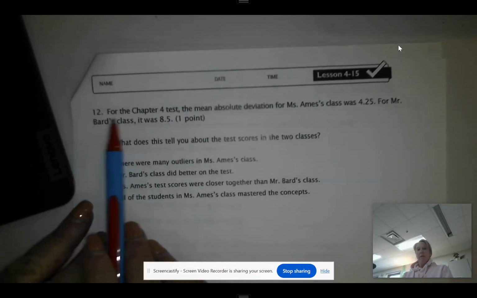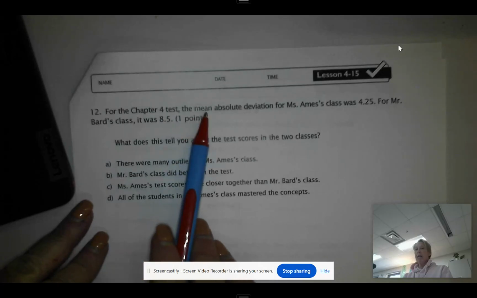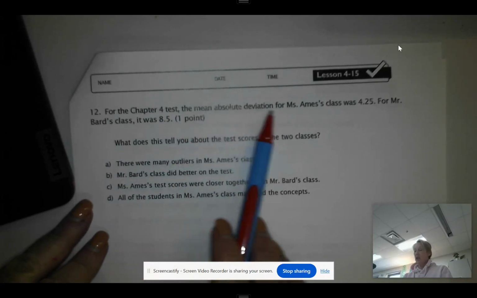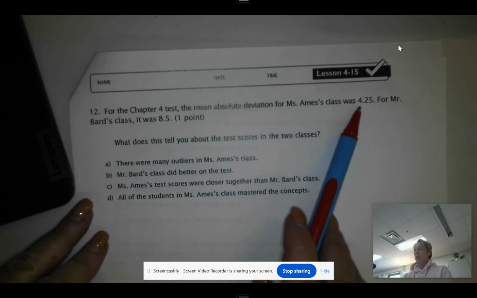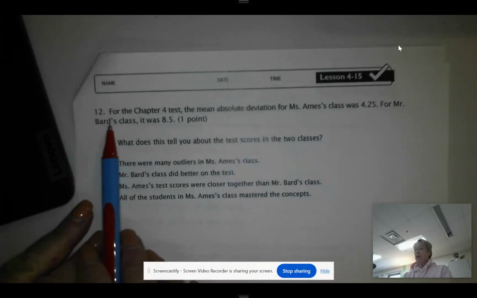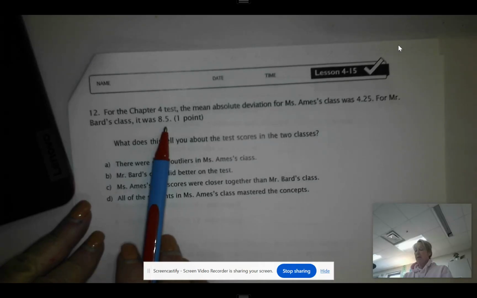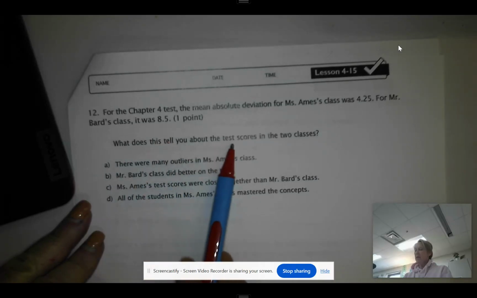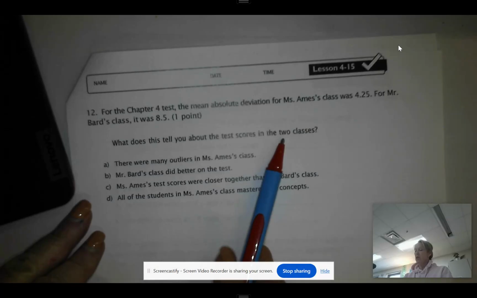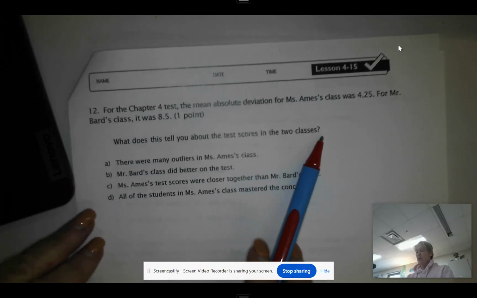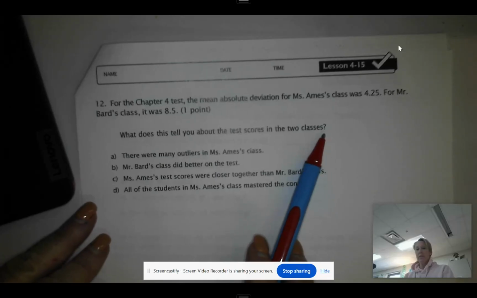Number 12. For the Chapter 4 test, the mean absolute deviation for Miss Ames' class was 4.25. For Mr. Bard's class, it was 8.5. What does this tell you about the test scores in the two classes? You will circle your correct choice.